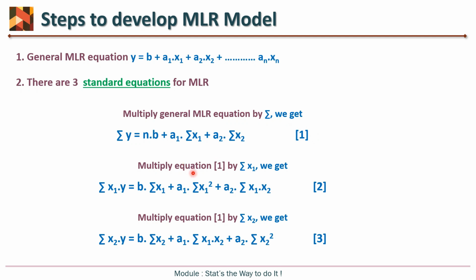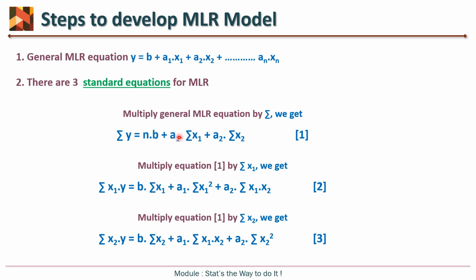Then for getting equation number 2, you have to multiply equation 1 by summation x1. See carefully, this is equation number 1 and we will multiply it by summation x1. Summation y multiplied by summation x1 will become summation x1 y. Then n is not needed anymore because I am multiplying b by summation x1, so it will become b summation x1.